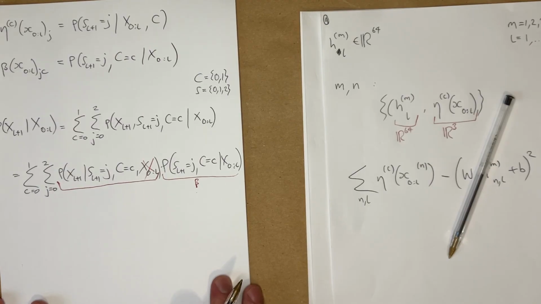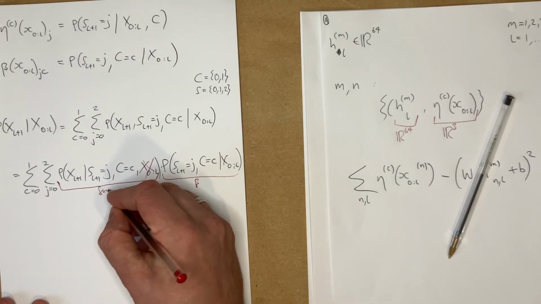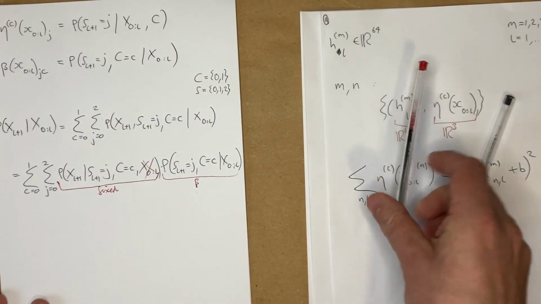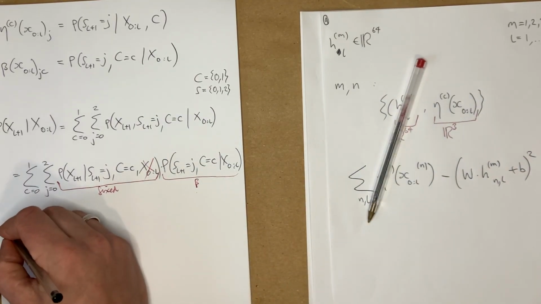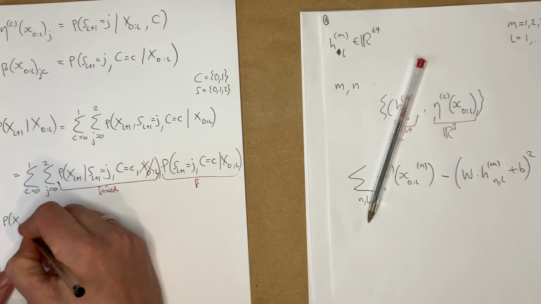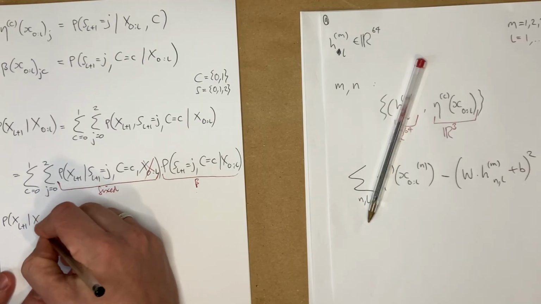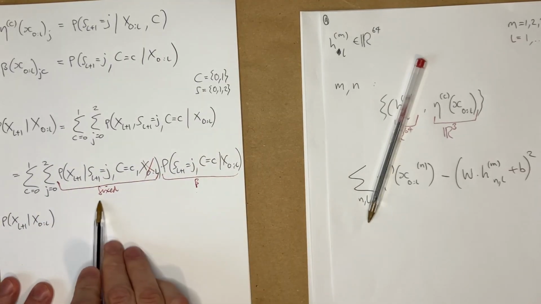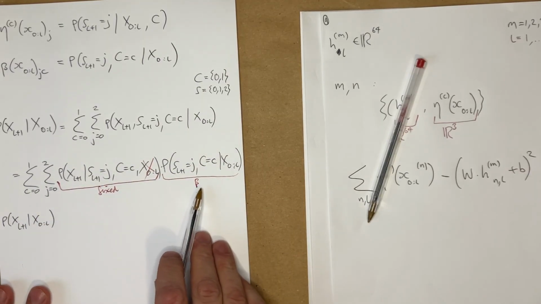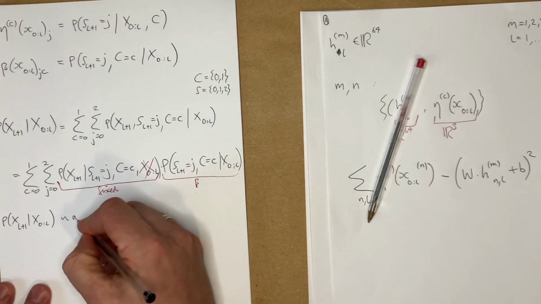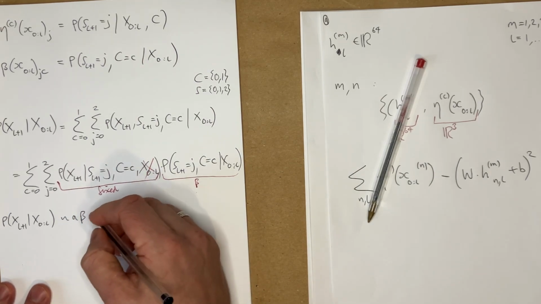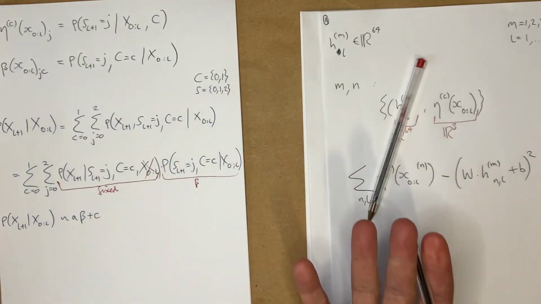So there is no variation in this term. What that means is that the probability of the next token is just a linear function of beta. So I'm going to write it as something like A times beta plus C.